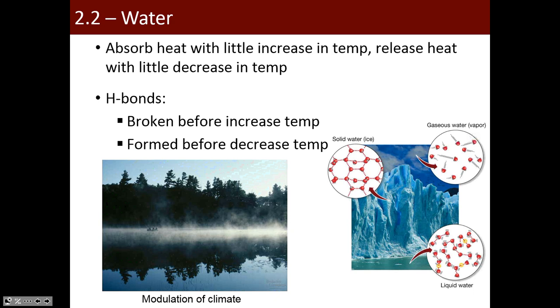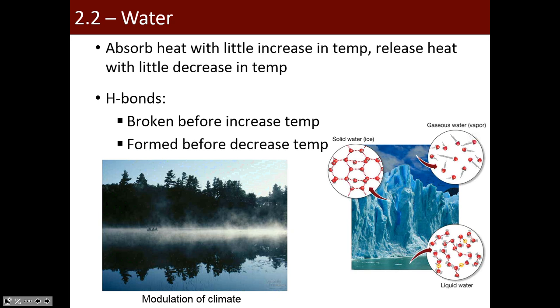So the other thing that this does, this fact that it takes a lot of heat to change the temperature of water, it also means that water can give off a lot of heat before it cools. So water becomes this great temperature modulator, okay? Because if you have a big body of water, like a nice big lake or an ocean, even a big pond, that body of water is going to be doing a lot of exchange with the atmosphere, right? And so that large body of water can take a lot of heat from the atmosphere before it starts to actually warm up the water's temperature.